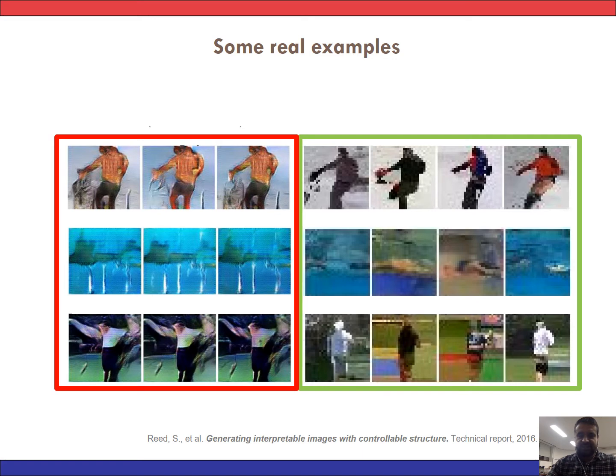Let's take a real example. When we are training the generator, we are sampling the latent space from the noise distribution, and in terms of the mode collapse problem, the generator will always generate similar kind of output images.